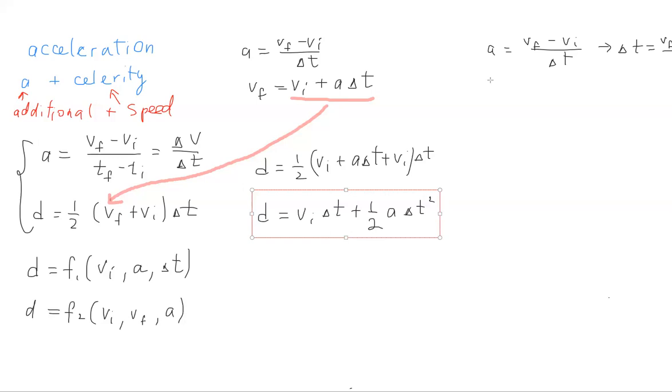Again, if you're not comfortable with this, you think you should multiply both sides by delta t, then divide both sides by a, you can do so. But I do this in one step, just swap these two and you're done. Now delta t is going to be replaced here with this. So I'm going to draw another arrow. Like this.